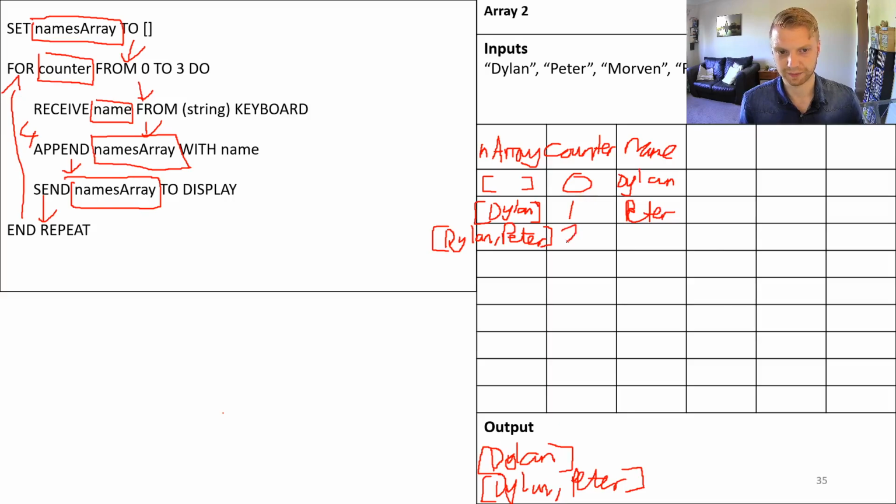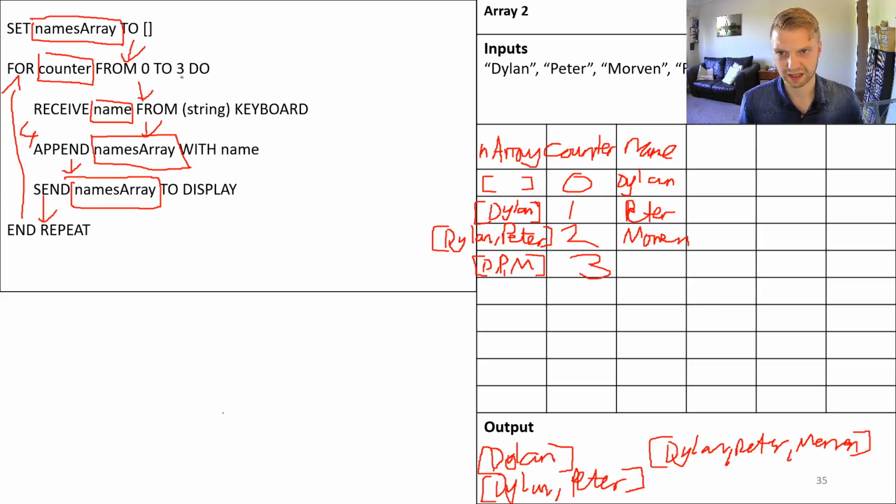Counter goes up again. So you get the name Morven. I'm going to add that. I'm running out of space, so what I'm going to do is just do the first letter of each name, and we know what it means. So D, P, and M. And then this will just be Dylan, Peter, Morven, and then we go back up, counter goes up.